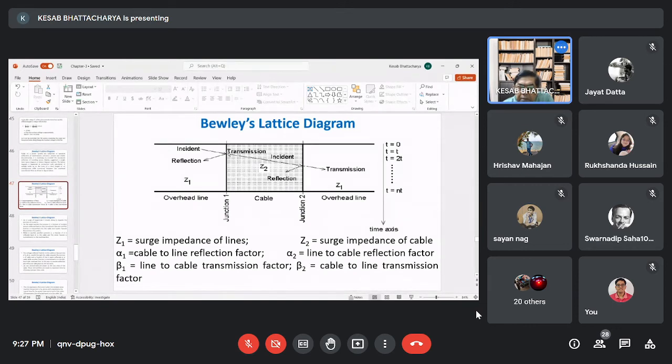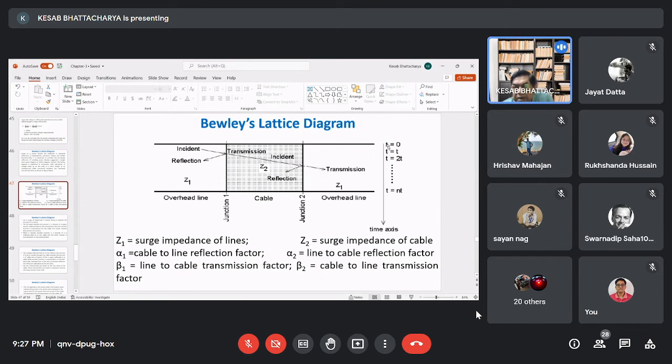Now the voltage wave which is transmitted forward in the cable, when it reaches junction 2, that is the second discontinuity, again a part of the wave is reflected back into the cable and a part is transmitted forward in the transmission line.